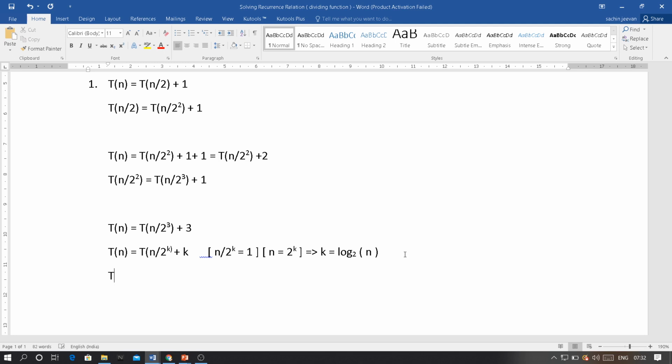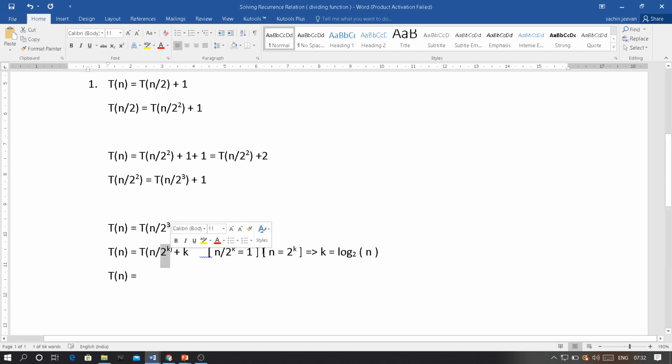So what I will do is, in T of n is equal to T of n divided by 2 power k, instead of 2 power k we will take n.